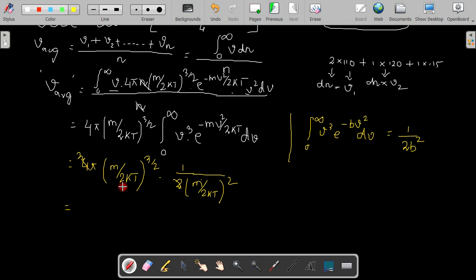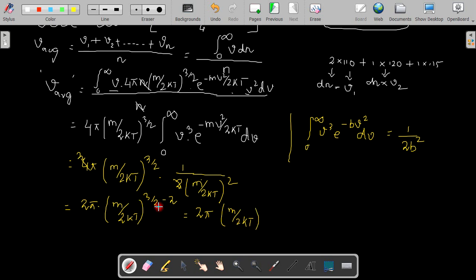And then we can take this, so it is 2 pi into m by 2 kt whole thing to the power 3 by 2 minus 2. Okay, that's it. If you take the LCM, this would be 2 pi and this is m by 2 kt.